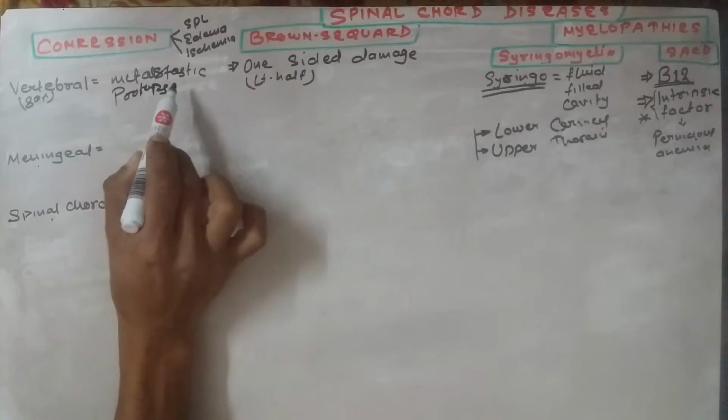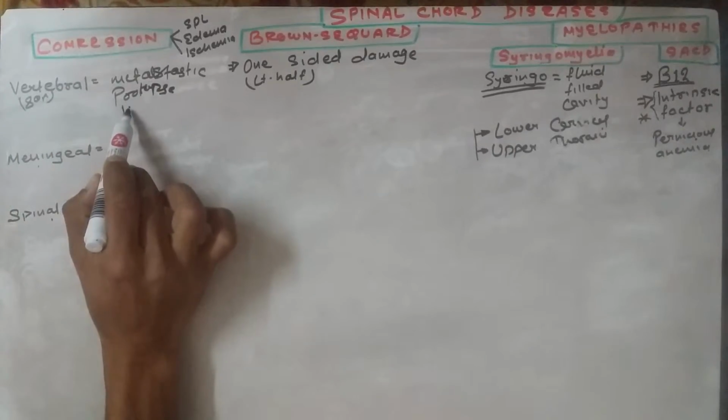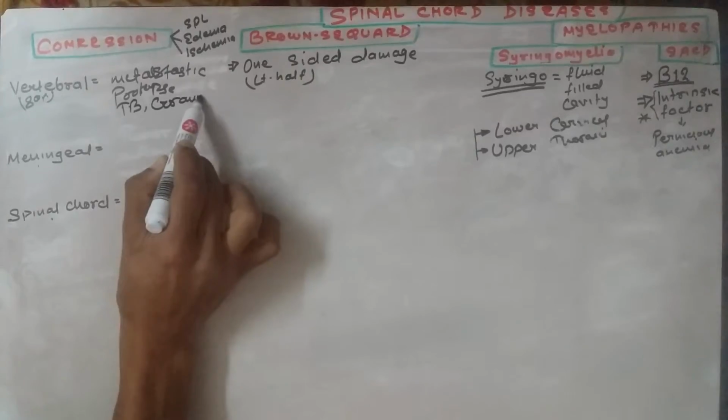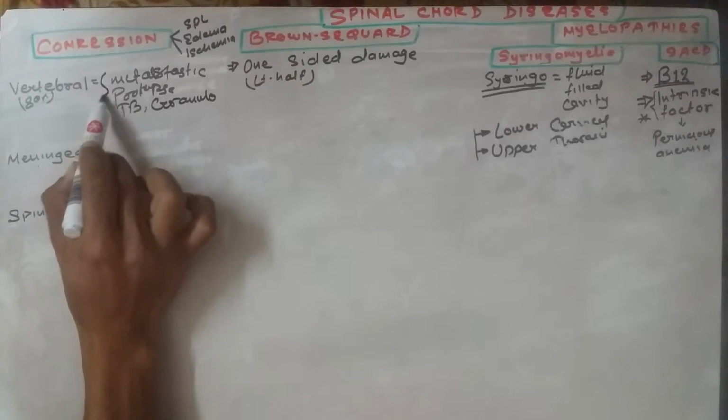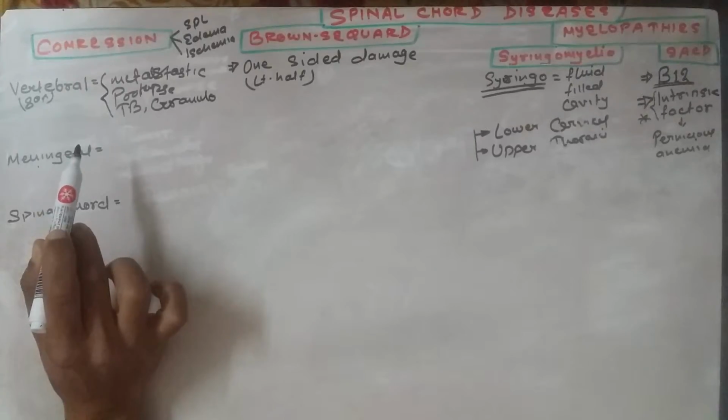Other causes can be any inflammatory disease in the vertebra, like tuberculosis or granuloma. So we can write any disease we remember in the vertebra that can cause compression.